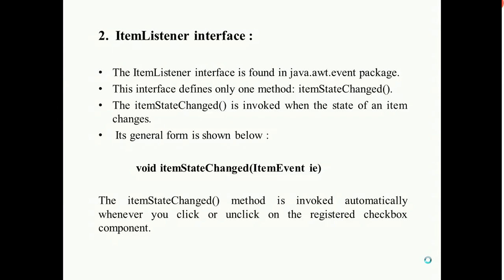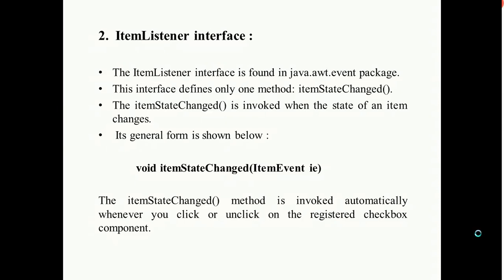So when you change the state of an item, that time the itemStateChanged method is called. See the syntax of the itemStateChanged method. void itemStateChanged. The parameter is ItemEvent ie.